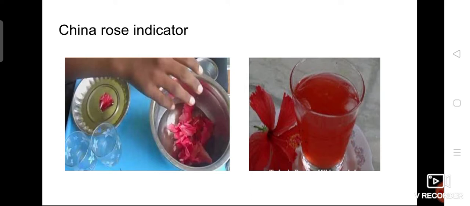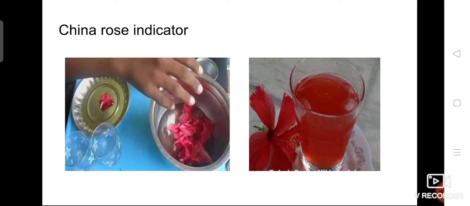You take some warm water and place the petals in that warm water, and you must not disturb it. Just leave it for some more time. After some time, what do we observe? The color of the solution gradually turns reddish.